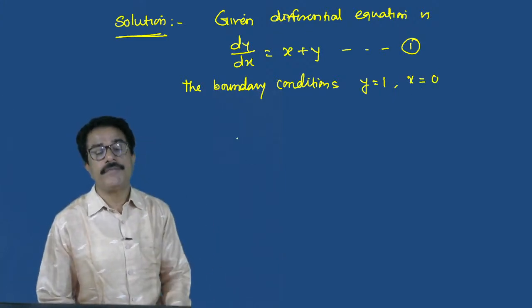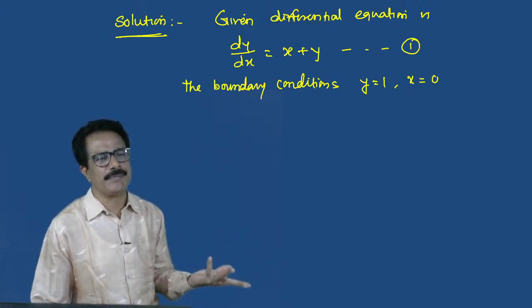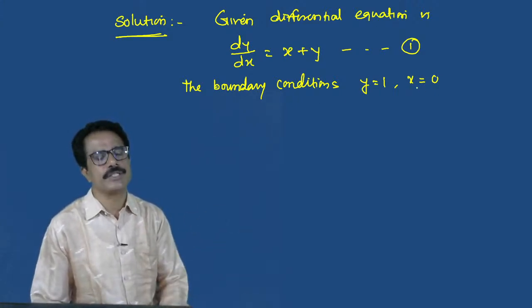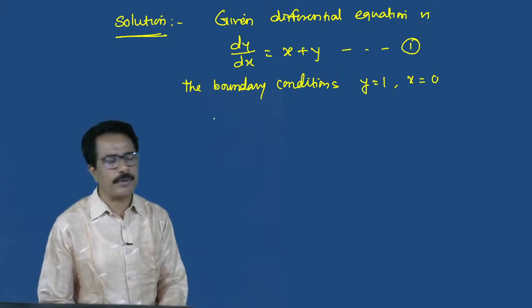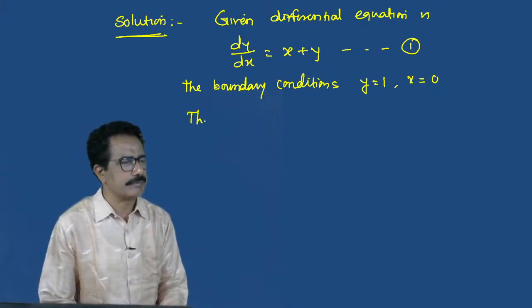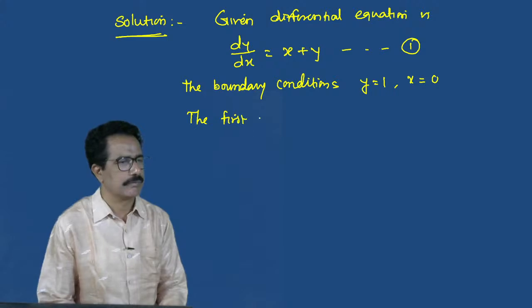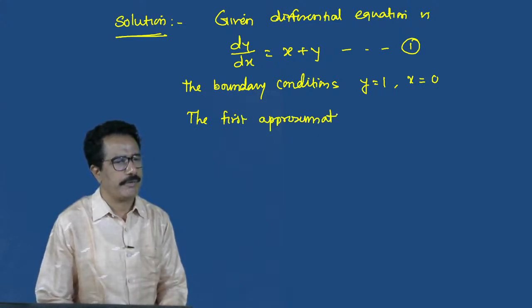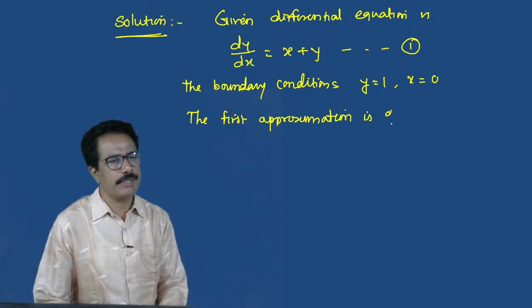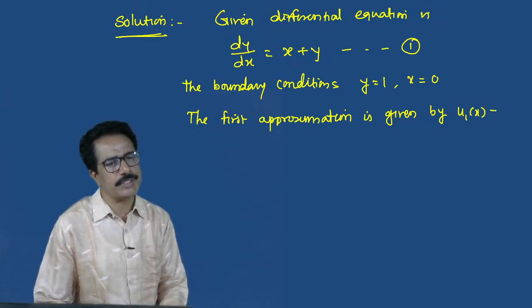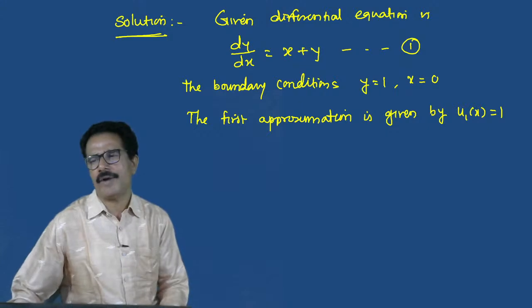So the first approximation is already given. First approximation means by using this boundary condition, the first approximation is given by u1 of x is equal to 1. That means the value of y.